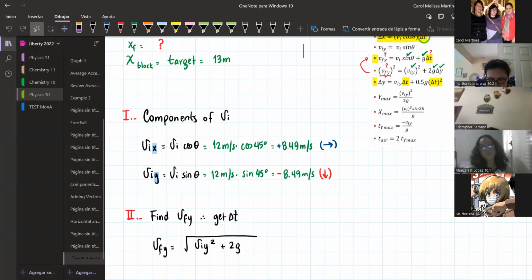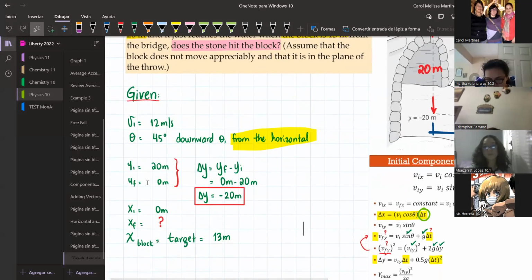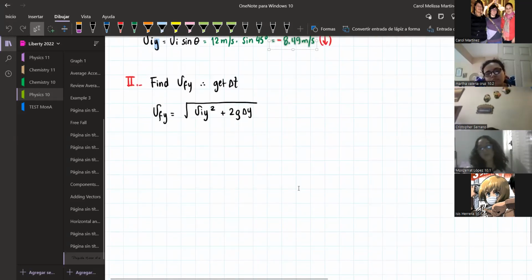And here it is important that you write the symbols. Initial velocity in y, we got it as negative 8.49. So you will replace, but it's going to give you positive in the end.